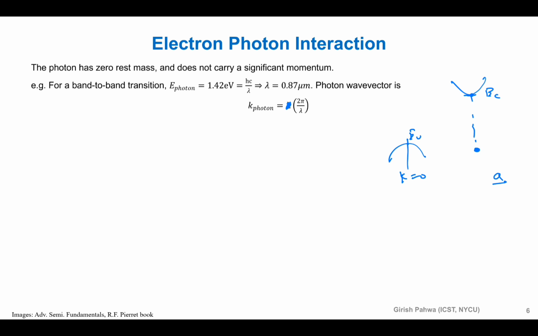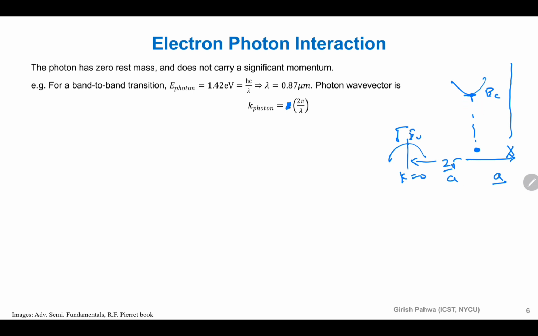Exactly it is 4 pi by a, but half of it is 2 pi by a. So the k vector, when you move from the gamma point to the X point, the X point is the last point of the Brillouin zone, this whole length is actually 2 pi by a. And this valley for silicon, if I remember correctly, is close to 0.8 times 2 pi by a or something.